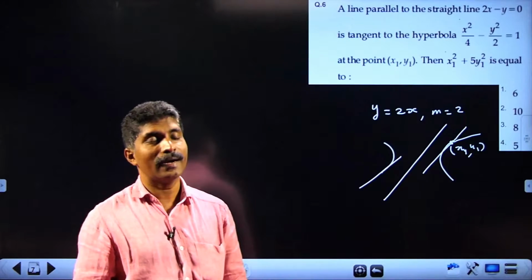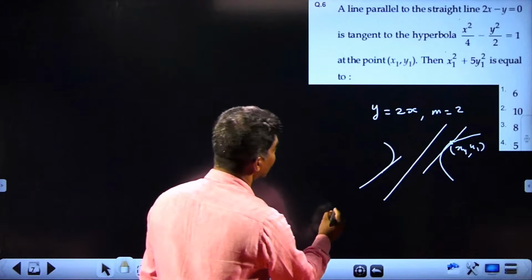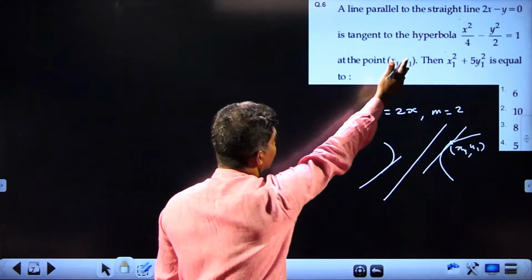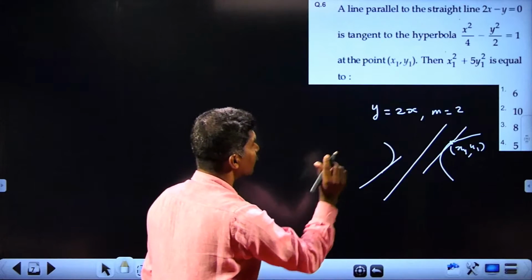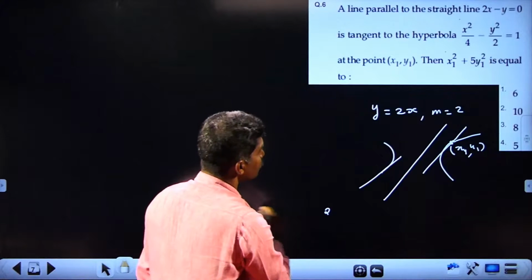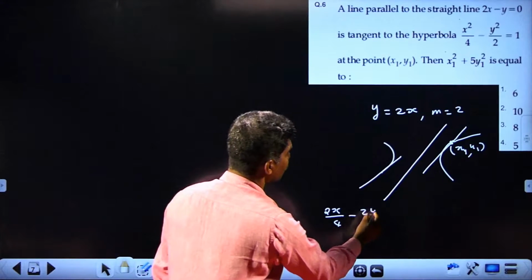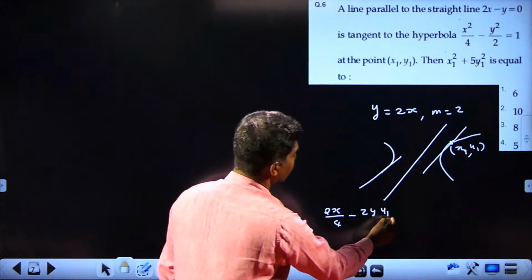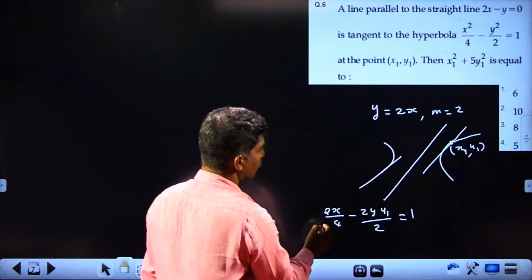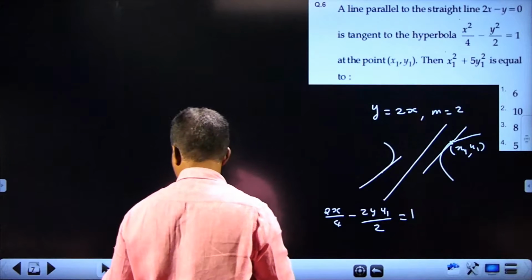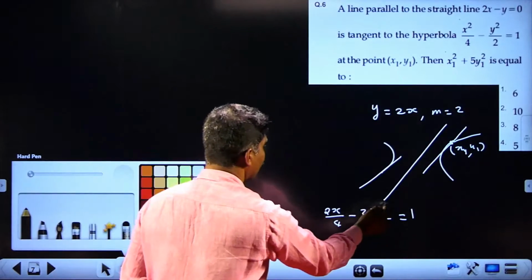So we will calculate the slope of the tangent to the hyperbola, for which we will differentiate. Differentiating this equation using the implicit form, I will get 2x divided by 4 minus 2y into y dash divided by 2 is equal to 1. Don't write y1 here, as that will cause confusion; just write y dash, because x1, y1 is already there.